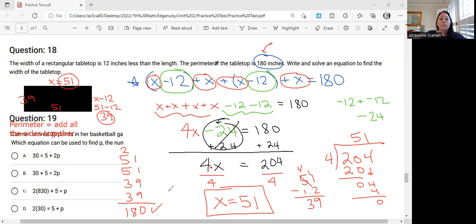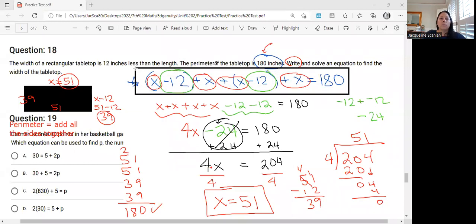Now remember, on this particular question, you're not given any answer choices at all. It is a free response. So they are expecting not only that you write this equation, all right? They expect that this equation appears in some form, and then it expects you to solve that equation to find the width.